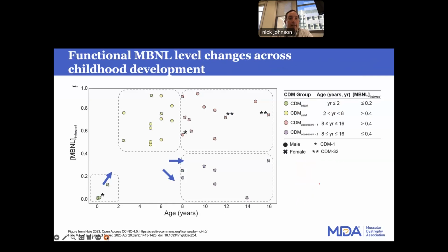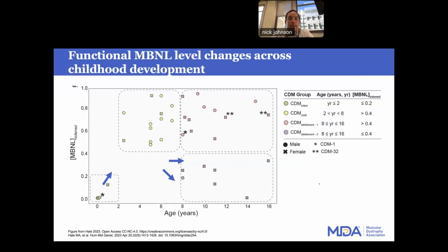This is, I think, an easier or simpler way of looking at this, and probably a key take-home point from this particular talk, thinking about congenital myotonic dystrophy. So here we don't use a composite splicing index. We use a measure called the MBNL inferred, where 1 is normal splicing and 0 is very bad splicing or missplicing. And each child here is represented by their age. And you can actually see 4 groups develop here.